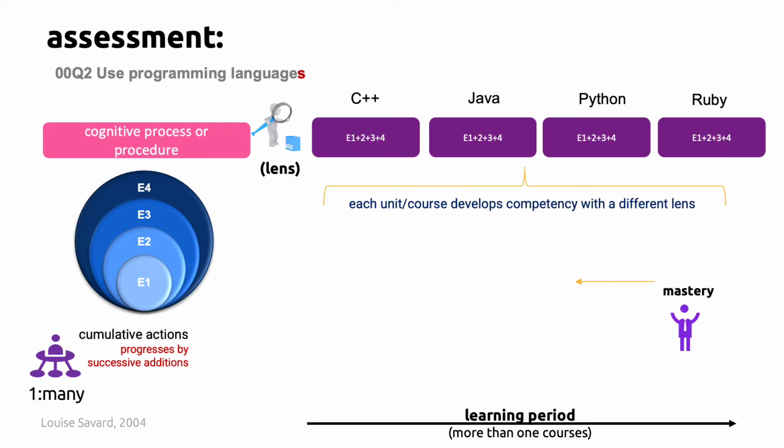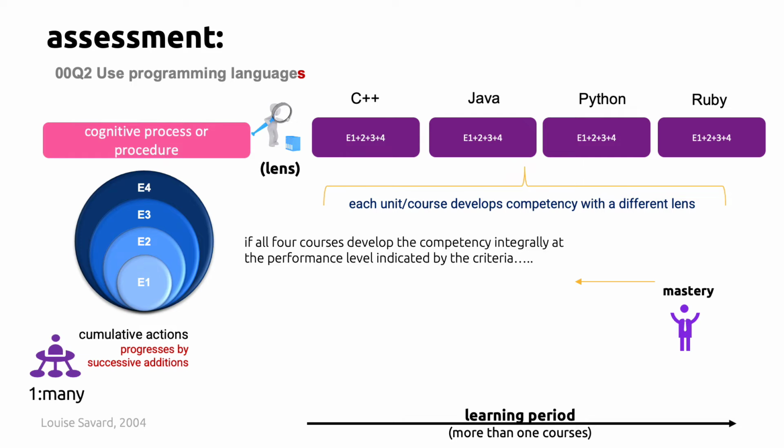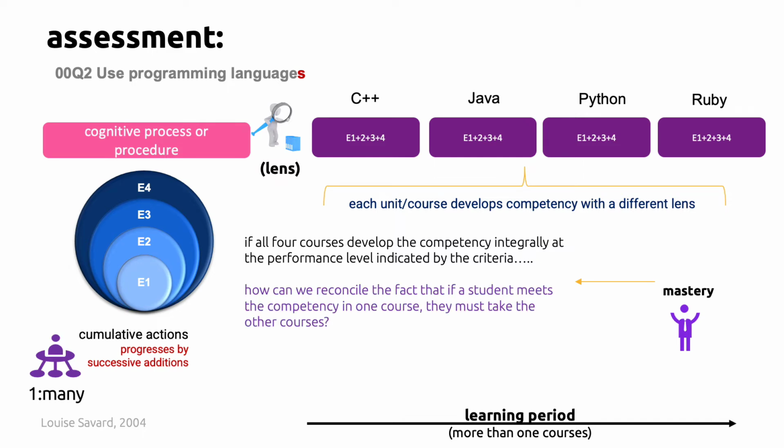But what does the mastery of this competency look like for this model? How can we attest to the achievement of a competency developed holistically in more than one course? If all 4 courses must develop the competency integrally at the performance level indicated by the criteria, how can we reconcile the fact that if a student meets the competency in one of the courses, they must still take the others?